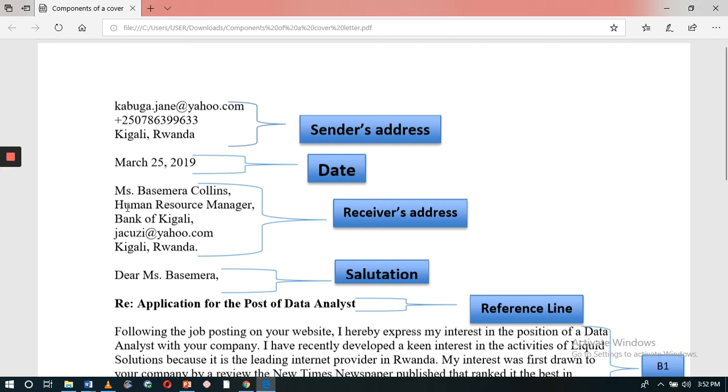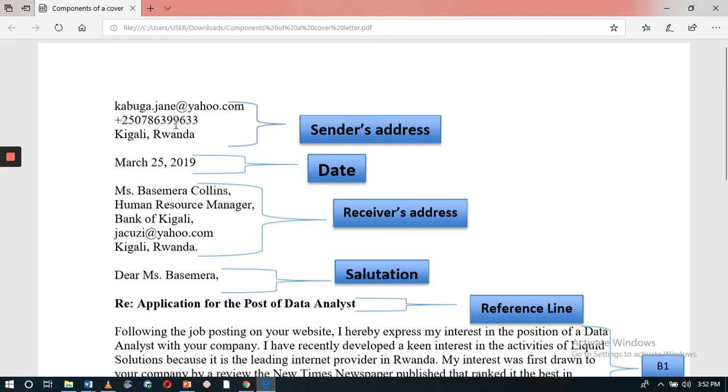And the name is followed by the position of the person, not the company, the position of the person, and then the institution or organization or the company. And if what you've been given on the advert is simply an email address, then that is what you use. If they have given a post office box number, then that's what you put here.